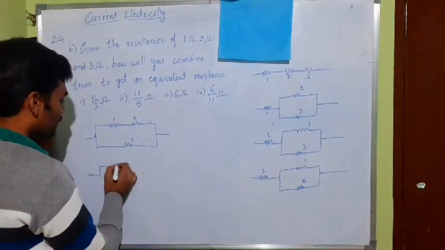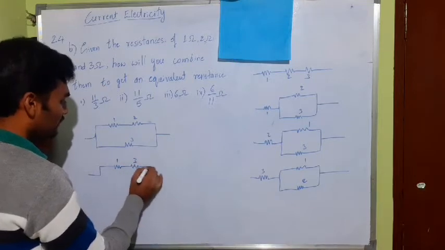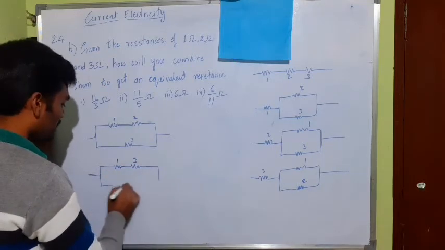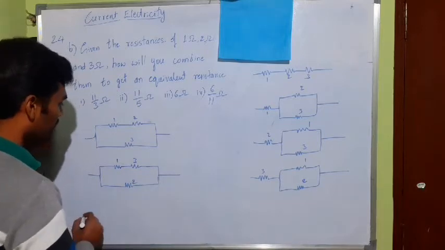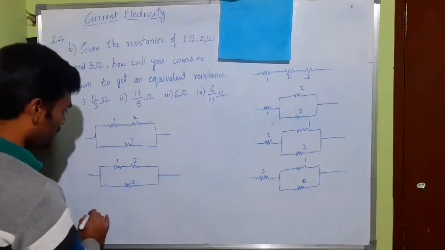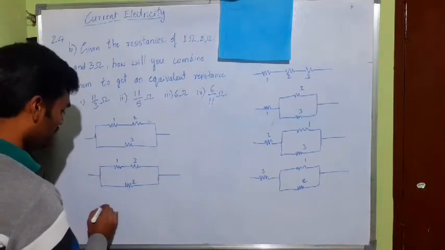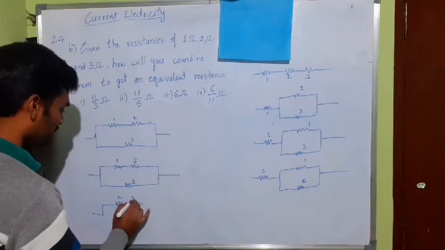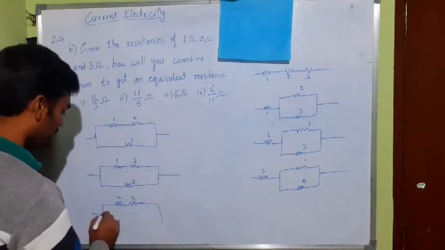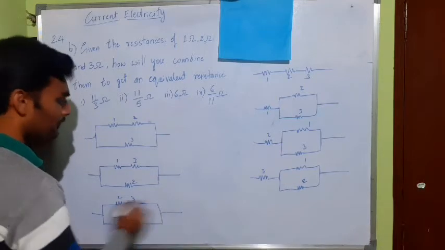So it's 1 and 3 here with 2 ohm here, right? And at last we can have 2 and 3 here with 1 ohm here.